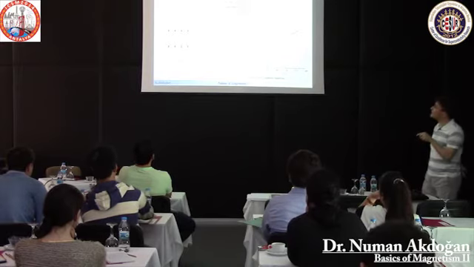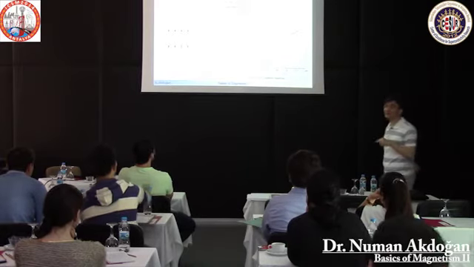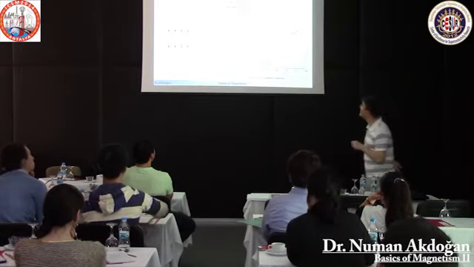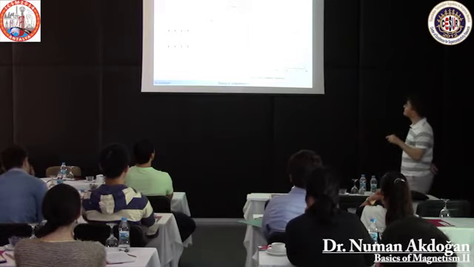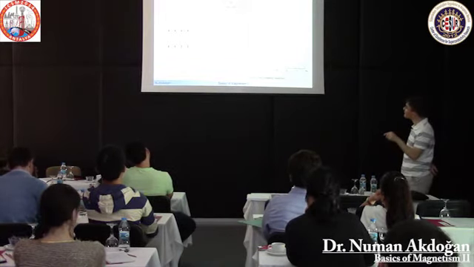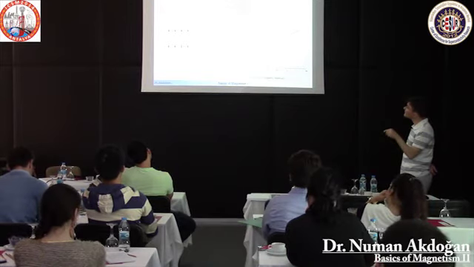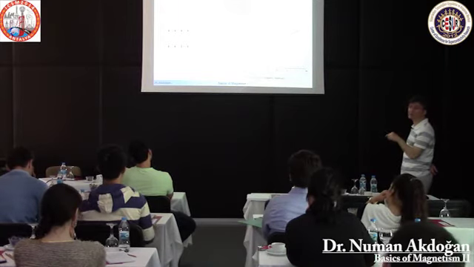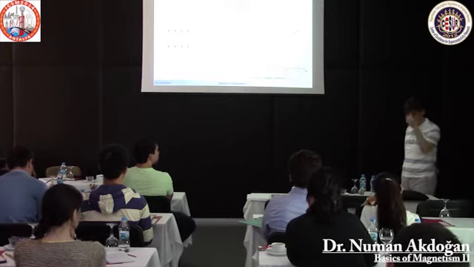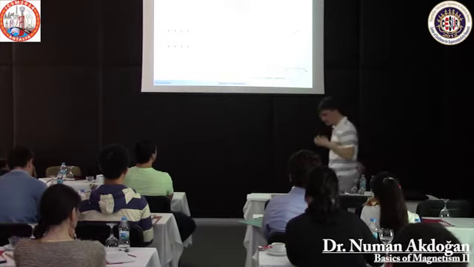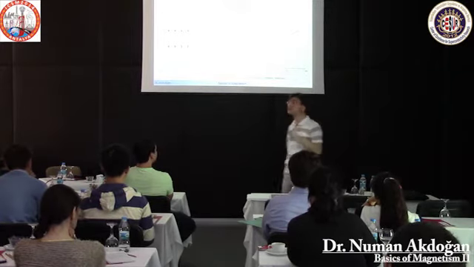Another type is ferrimagnetism, very important materials in industry. They have this type of relation. This is temperature, this is magnetization, this is ferromagnetic iron, this is ferrimagnetic material. Okay? They are similar to the ferromagnetic materials, but completely different materials.